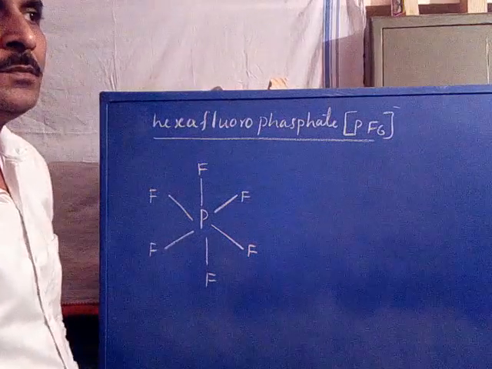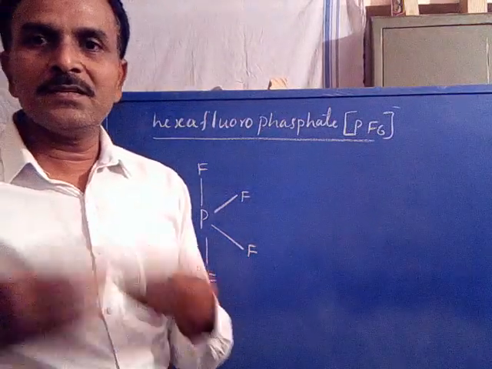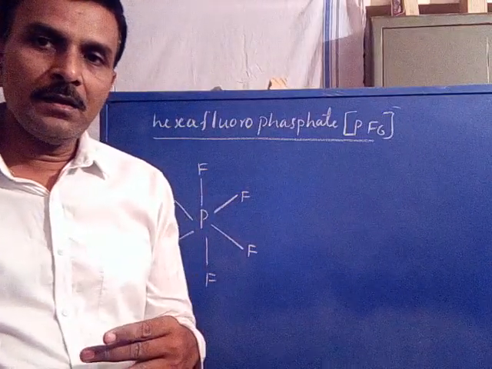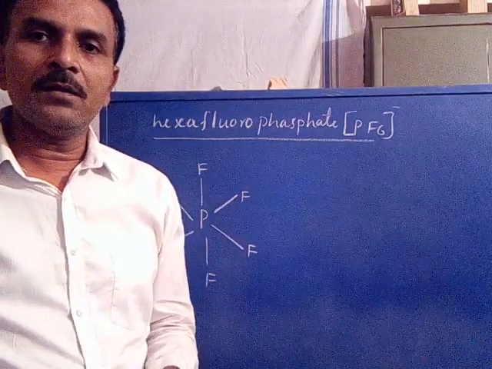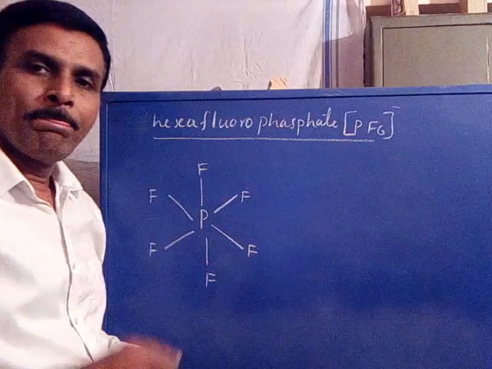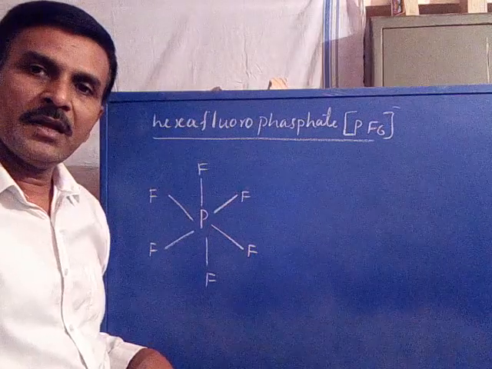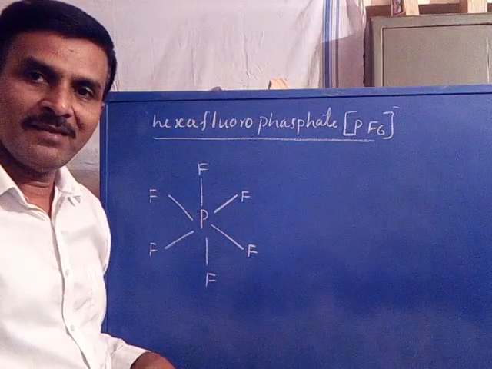Now you observe, in fluorine NMR we discussed that the ligands attached to the central atom horizontally are called equatorial. The other ligands attached to the central atom vertically are called axial.